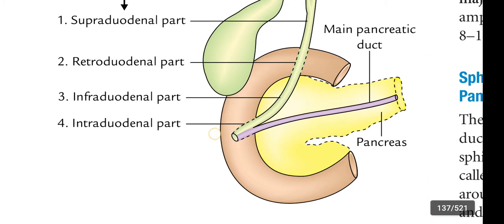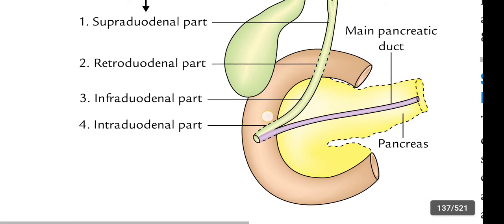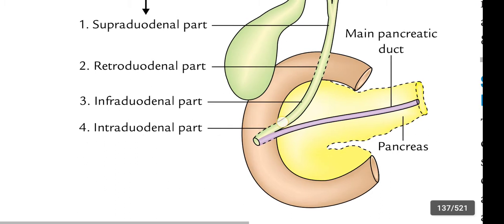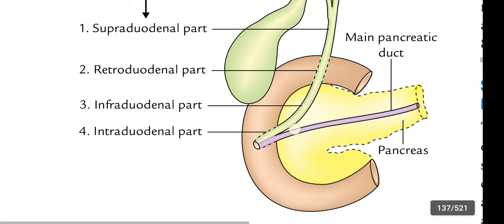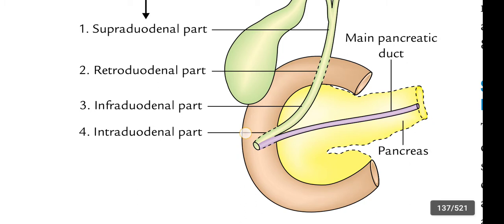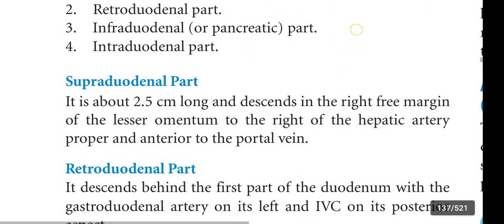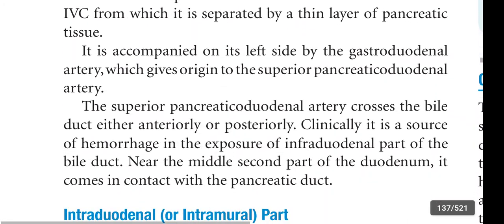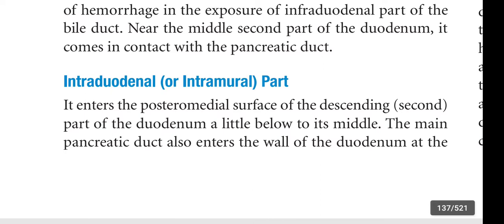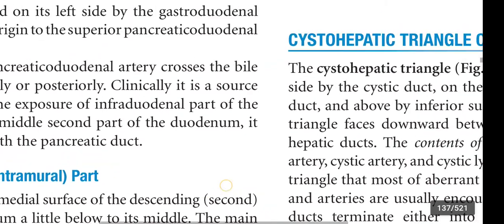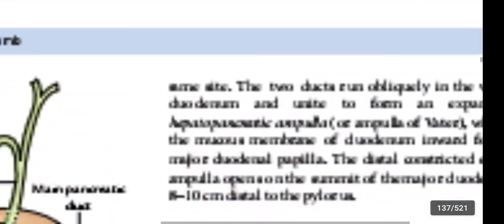This is the area just a little below the middle part of the second part of the duodenum, where these both join. The main pancreatic duct also enters the wall of the duodenum at the same point.